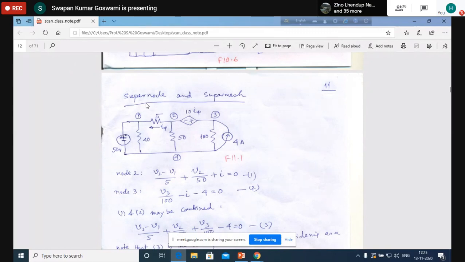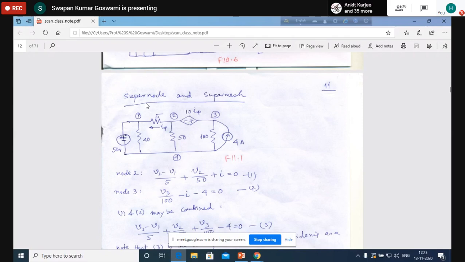Now, what is a supernode? A supernode means more than one node are considered, or they are behaving as a single node, and we are considering them as a single node.